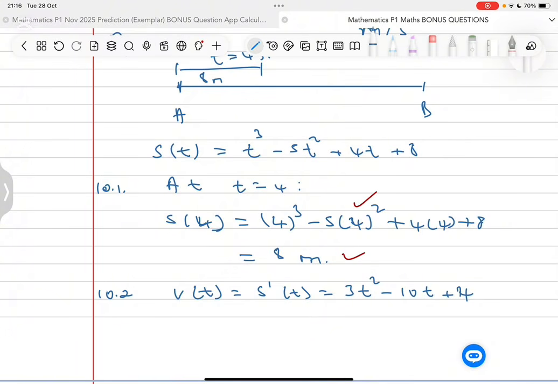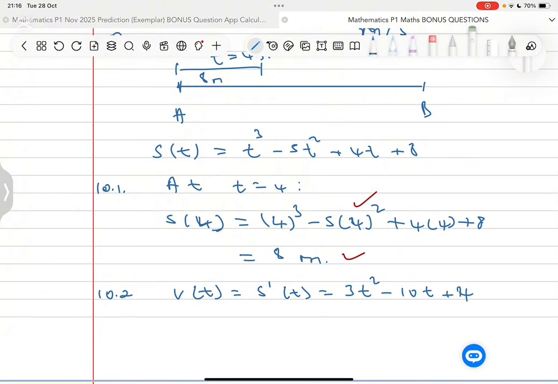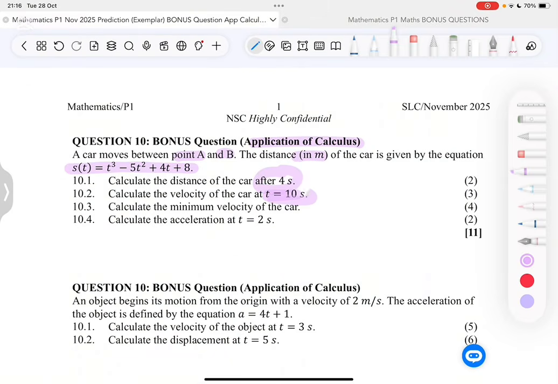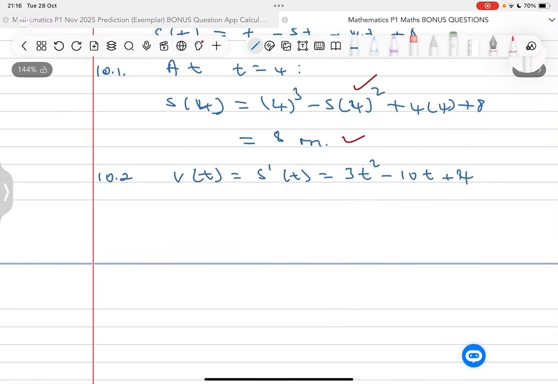Now, what I've done now is that I've found an equation that represents the velocity of the object at any time t. So if I put different times, I'll get those velocities. But our question actually requires us to find it at the time t equals 10 seconds.